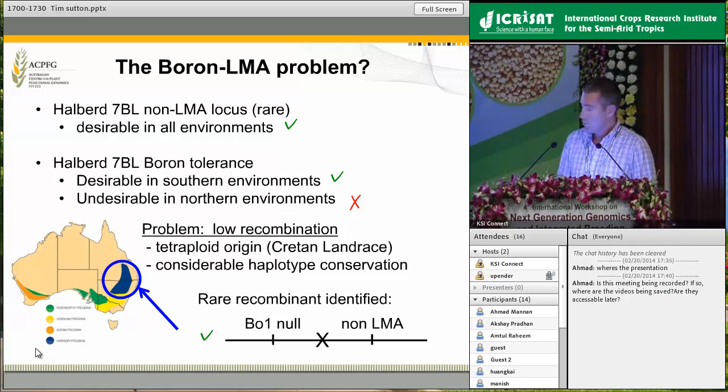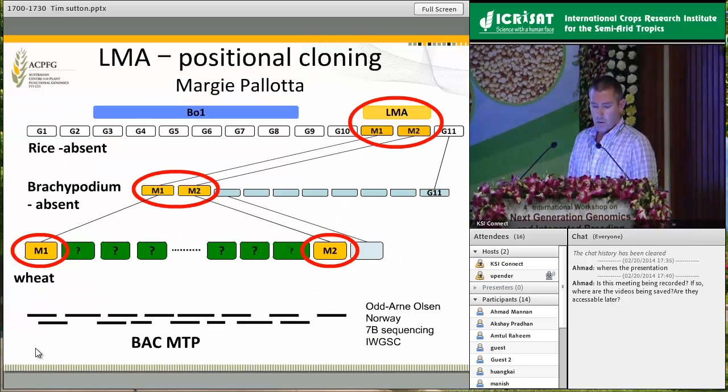One of the outcomes of our map-based cloning effort was that we identified a rare recombinant between tolerance and non-LMA, and so we've been able to give this to the breeding programs to improve breeding for both of these traits.